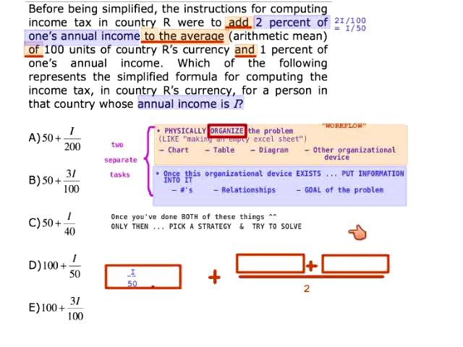Okay, good. 100 units of currency is just literally 100 units of currency, so that's 100. And then 1% of the annual income is just I over 100. You guys know how to deal with these fractional expressions.